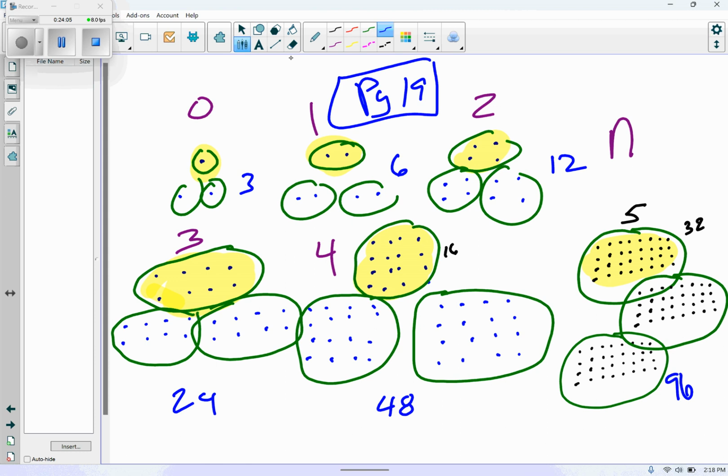All right, ready? I'm going to take 2 and raise it to the n power, and I just want to see if I can make this become the yellow. 2 raised to the 0 power. Is there 1 dot in that yellow dot? Yes. 2 to the first. 2 to the second. 2 to the third.